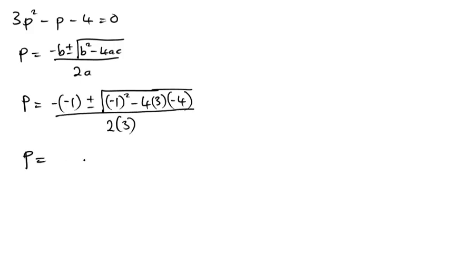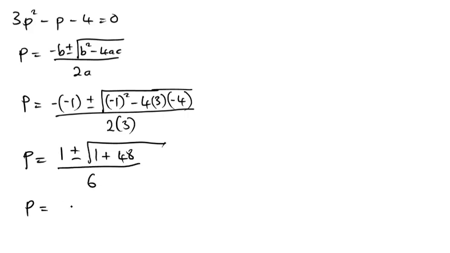So p is equals to 1 plus or minus. In the square root there, a negative and a negative will give us a positive. 4 times 4 is 16. 16 times 3 is 48, plus 1 is 49. All this is over 6. So p is equals to 1 plus or minus the square root of 49, which is 7, over 6.